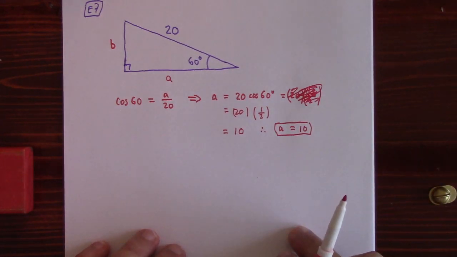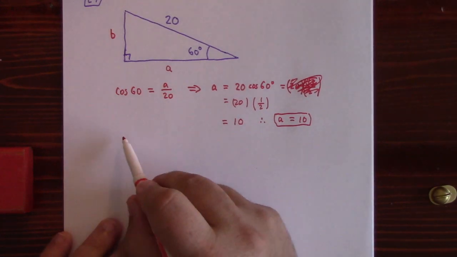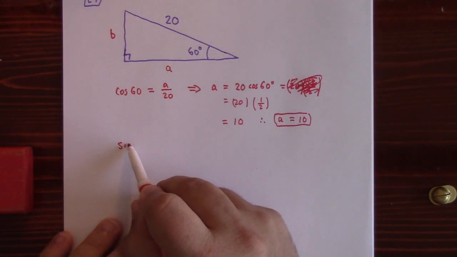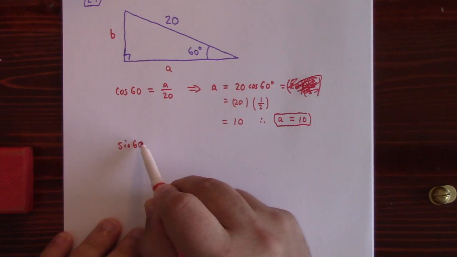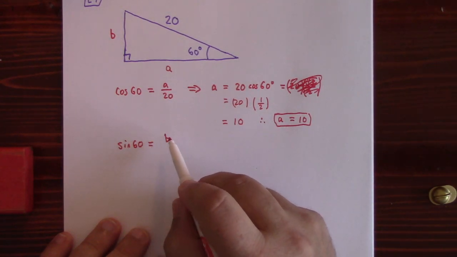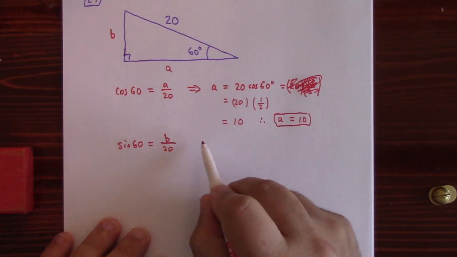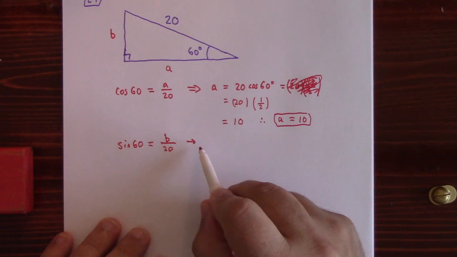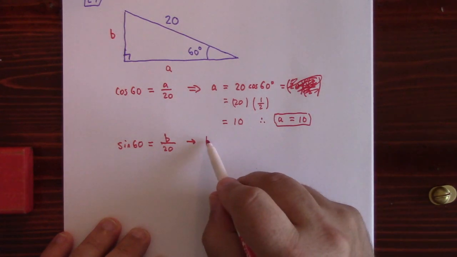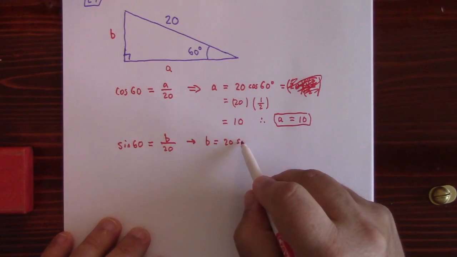Now, on the other hand, sine of 60 degrees is opposite B over hypotenuse 20. So that tells me B is 20 times the sine of 60.